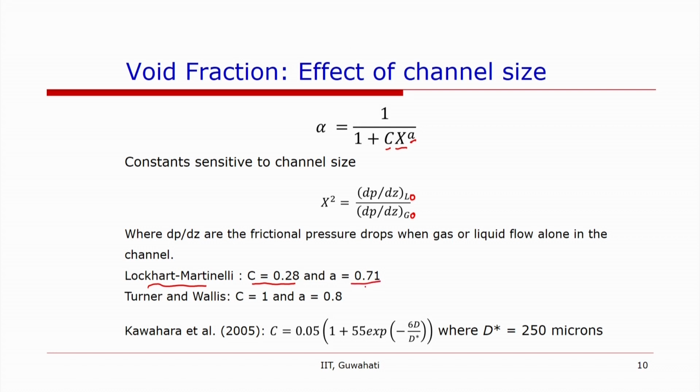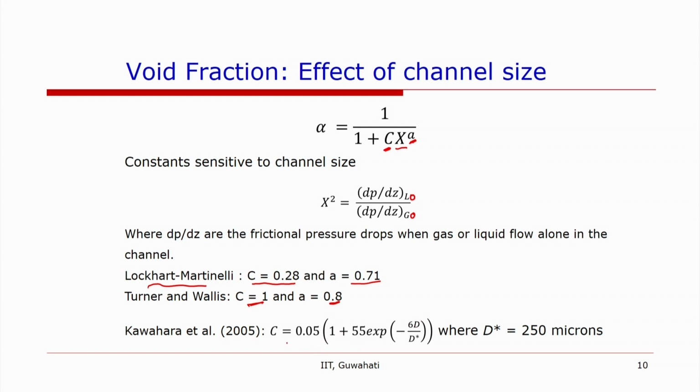So, in this correlation which was for the large channels, the Lockhart-Martinelli correlation, C is equal to 0.28 and a is equal to 0.71. Turner and Wallace had C is equal to 1 and a is equal to 0.8. Now, Kawahara et al. have modified this correlation to incorporate the effect of channel diameter.